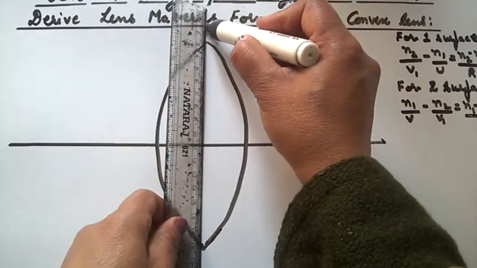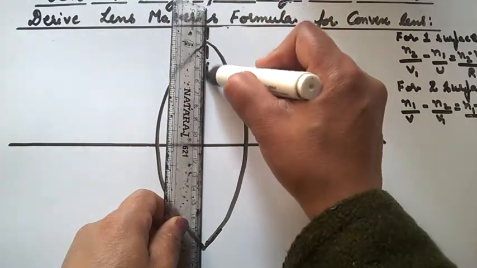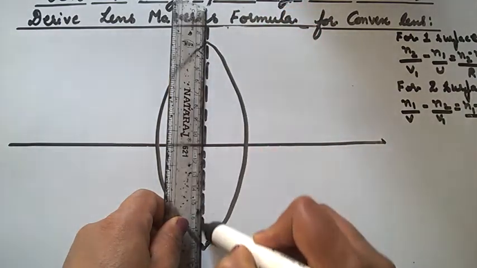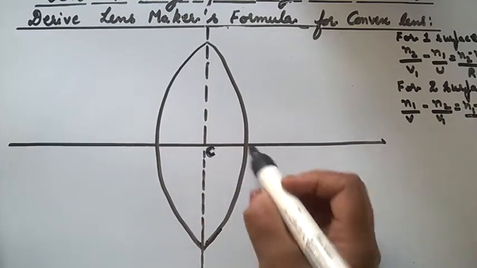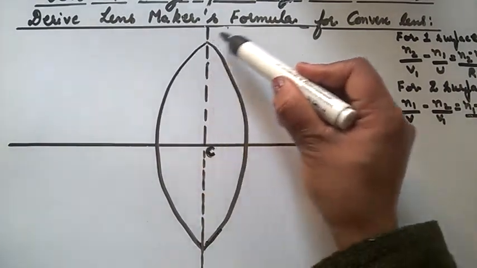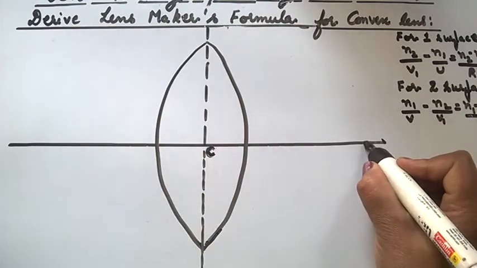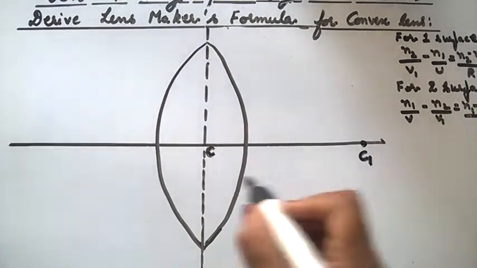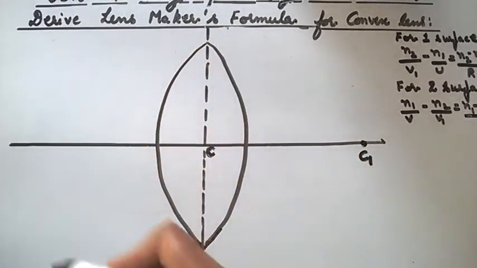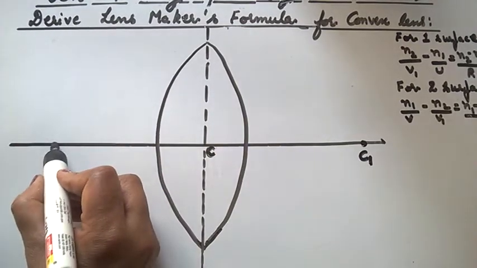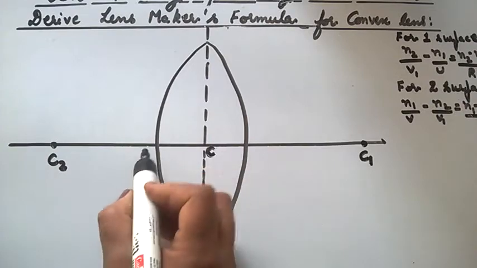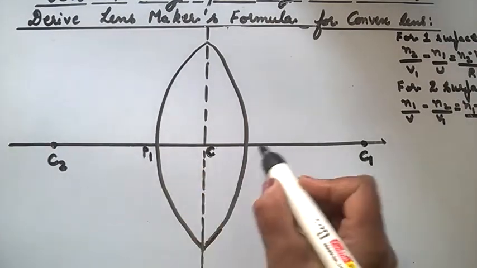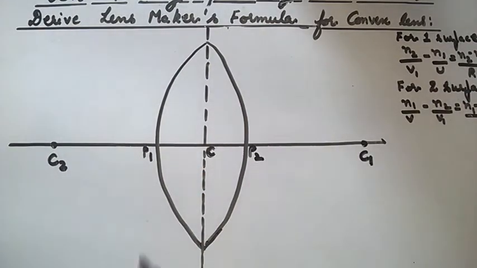This is the optical center, C. This first surface is a part of a sphere. Its center of curvature is C1. This second surface is also a part of a sphere. Its center of curvature is on this side, that is C2. This is the first surface, pole is P1. Second surface, pole is P2.